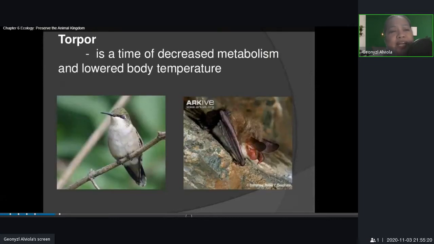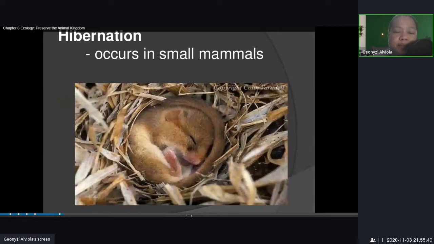Torpor is a time of decreased metabolism and lowered body temperature. One good example we have here is the bird, I think this is a nectarine bird, which controls its metabolic activity. We also have bats undergoing torpor. Hibernation occurs also in small animals like squirrels and kangaroo rats, which are a type of rodent.